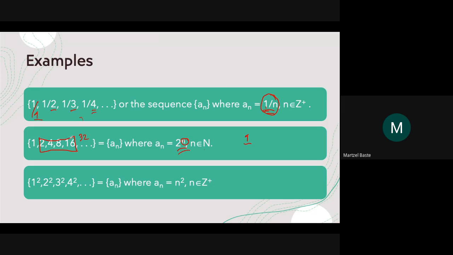So this would mean that the n series starts with what number, to get the value of 1?